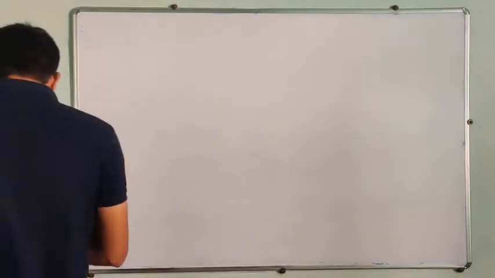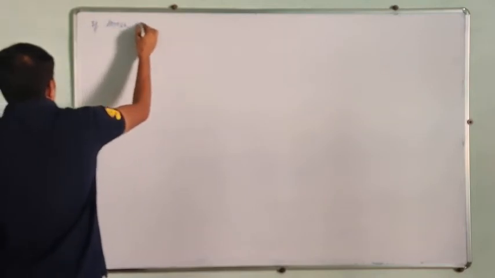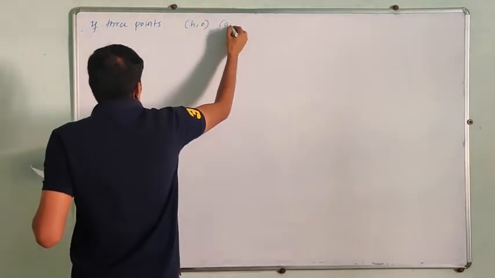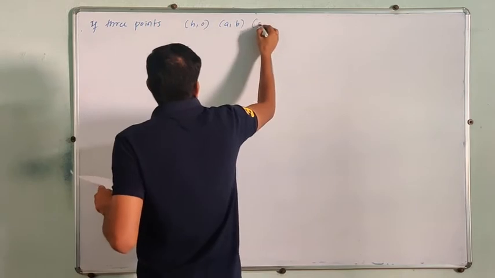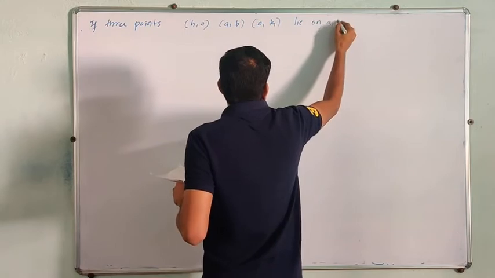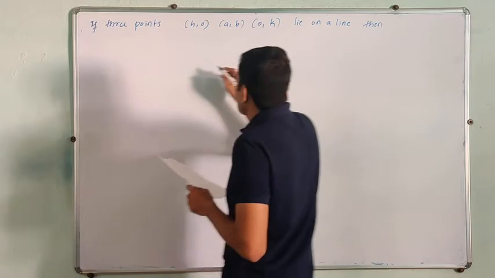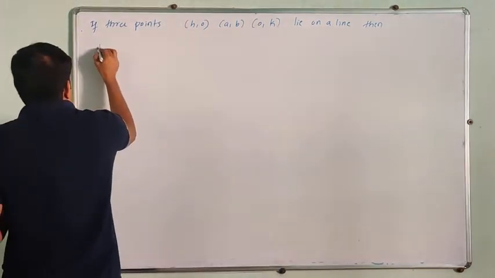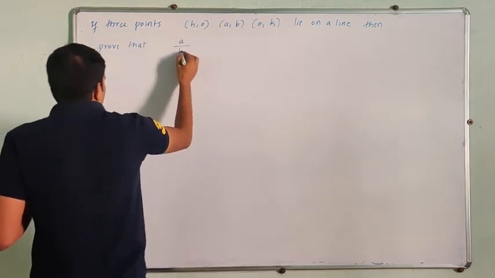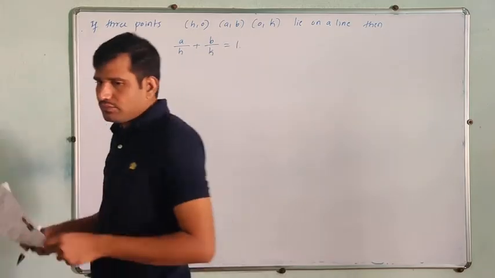If these 3 points h comma 0, a comma b and 0 comma k lie on a line, then prove that a by h plus b by k is equal to 1.